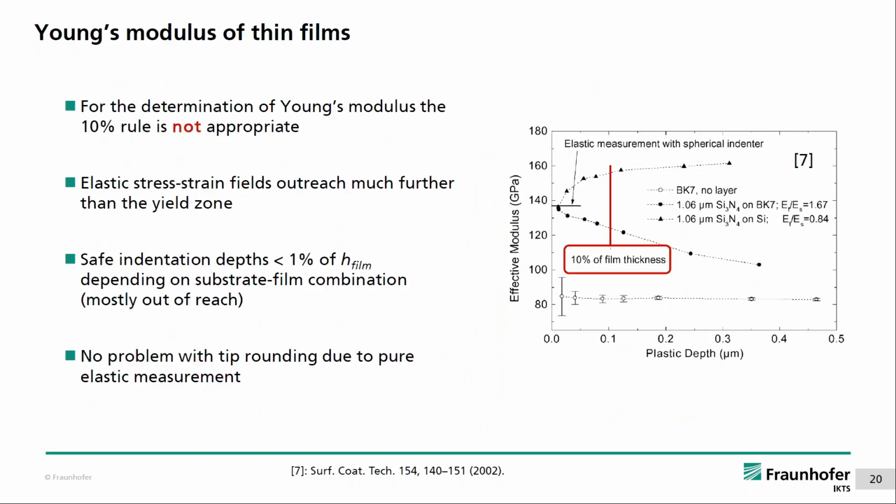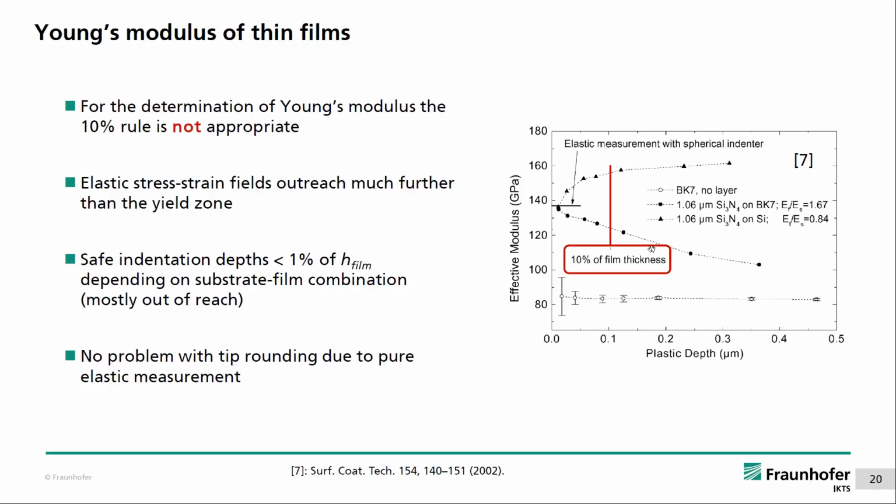So now 10%, you say, okay, nice, and I also want the Young's modulus, and I use 10% indentation depth of the film thickness, and then I also use these measurements to determine the Young's modulus of the film, and this is not appropriate. It doesn't work because the elastic field outreaches so much further.